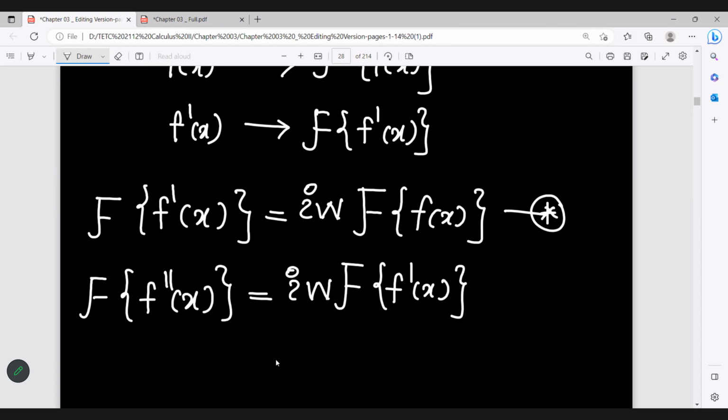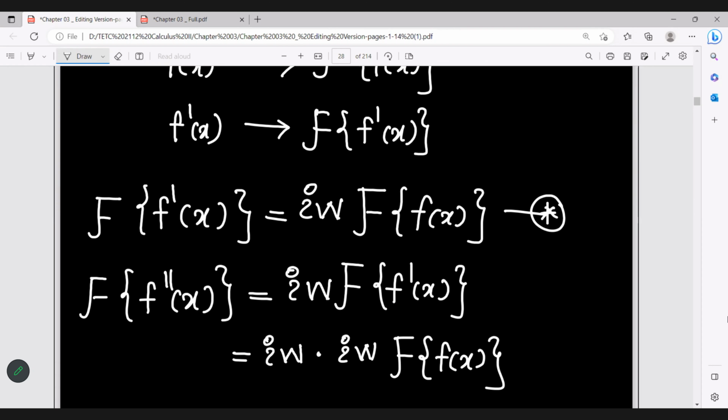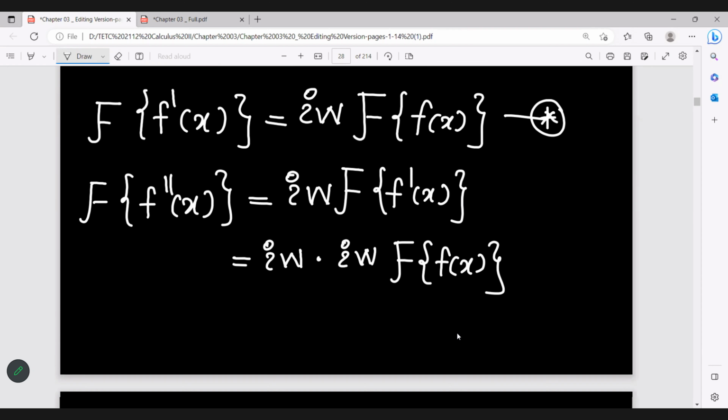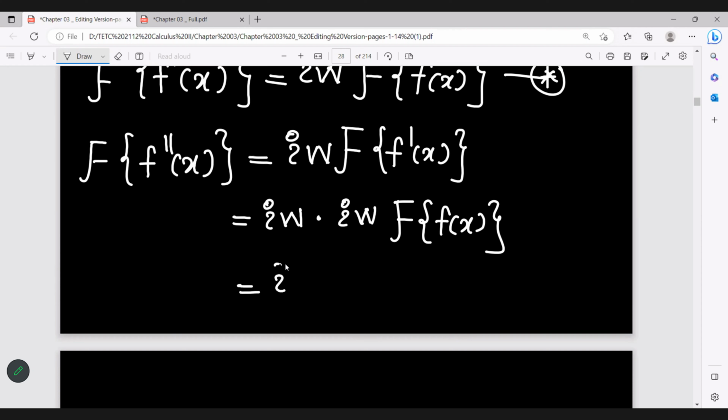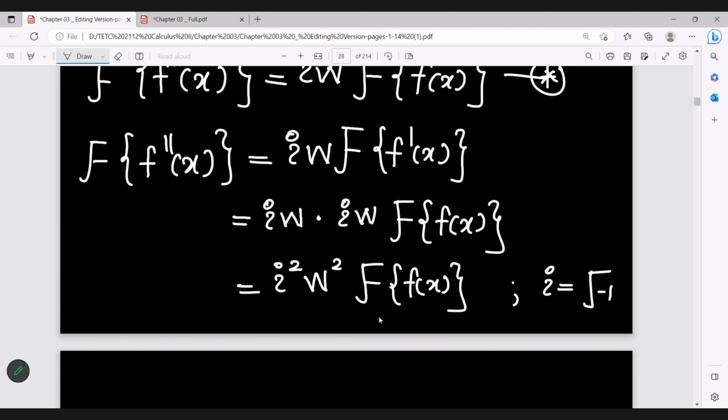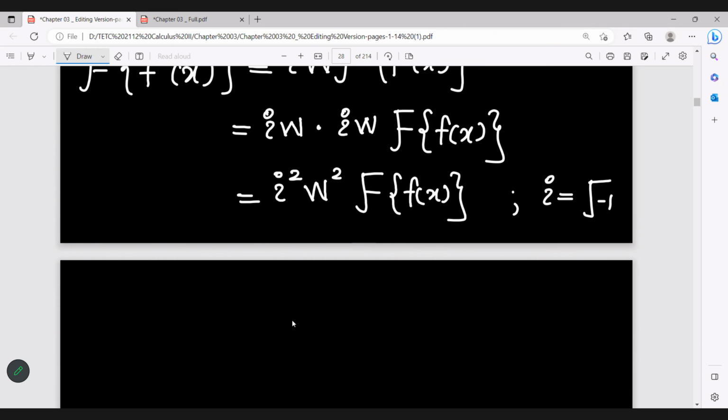So we obtain iw times iw times the Fourier transform of f of x. So iw times iw is i squared w squared times the Fourier transform of f of x. Here we know that i is the square root of minus 1, so i squared should be minus 1.